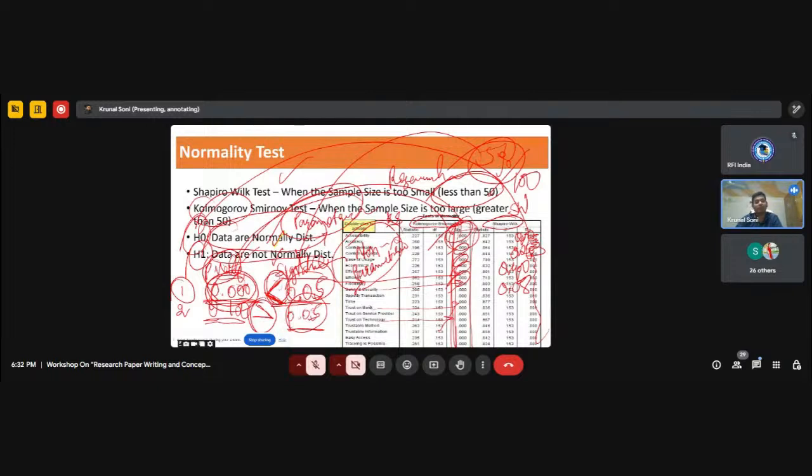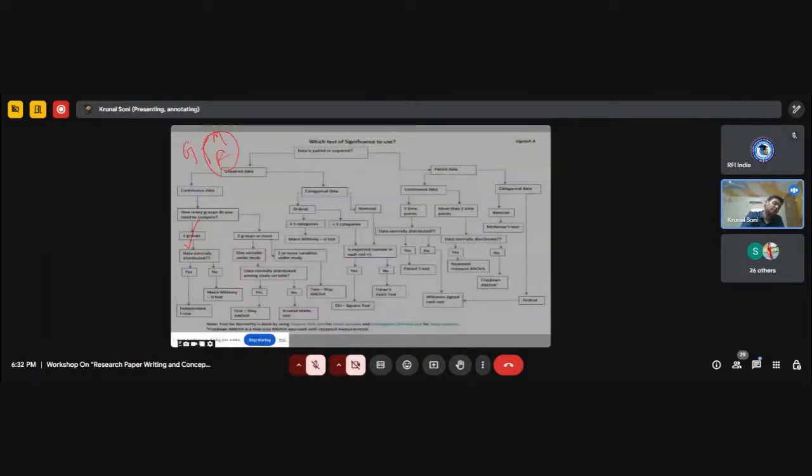And if in the checking of normality, the data turns out to be normal, which test do you need to apply, parametric or non-parametric? If data is normal, parametric. And if data does not turn out to be normal, then non-parametric.